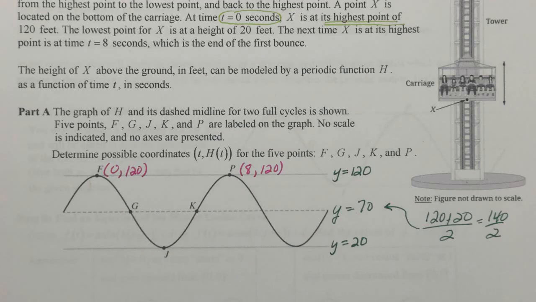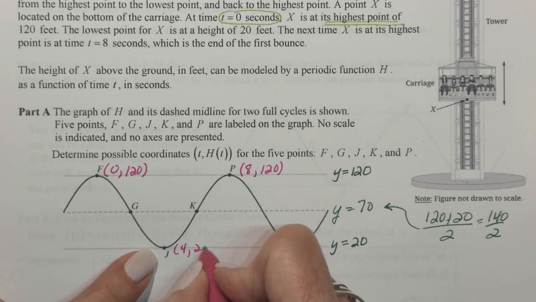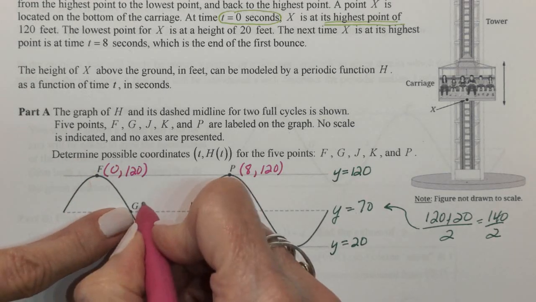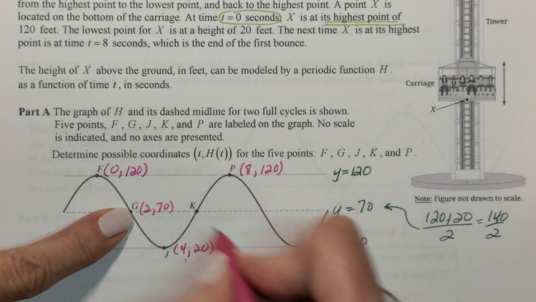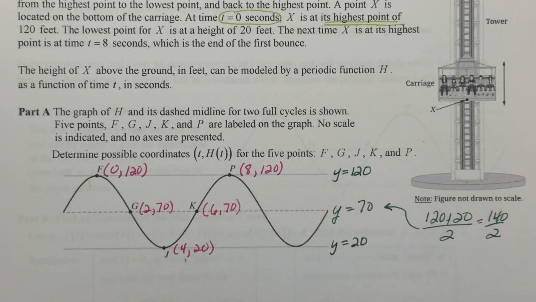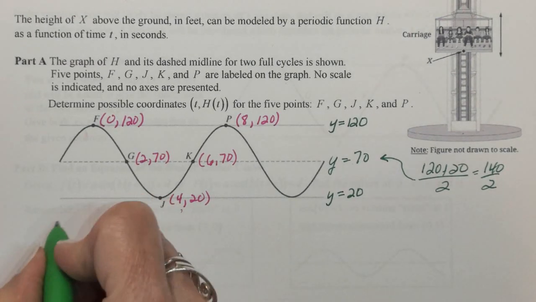Coming back here, the middle time would be 4. That makes G 270, and it makes K 670. Easier to do when we have nice numbers in there, right? I think so.